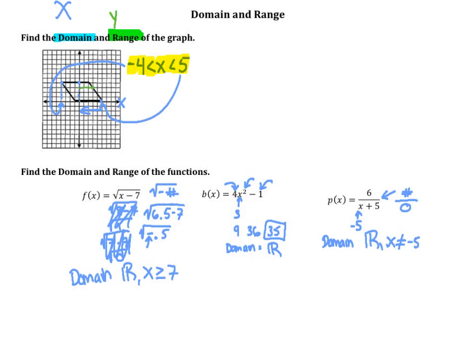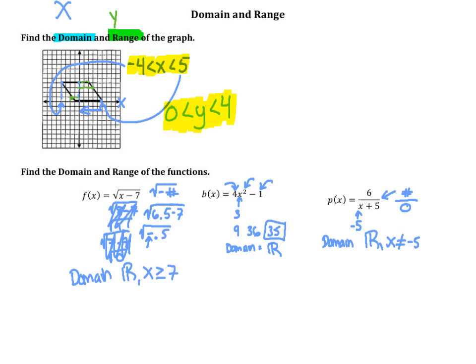And everywhere you go, does it touch the y-axis? So, what is the highest point? That's going to be 4. And what is the lowest point? That's going to be 0. So your y value has to be less than 4, but greater than 0. Again, if you have a question about how I wrote this, please ask.